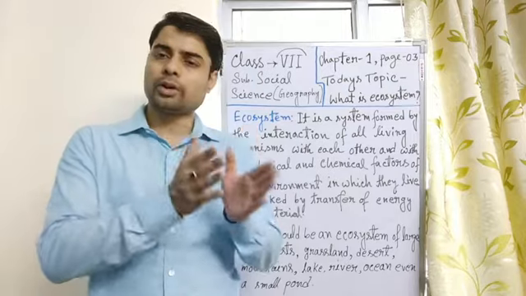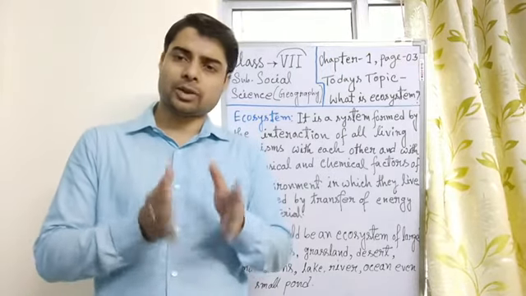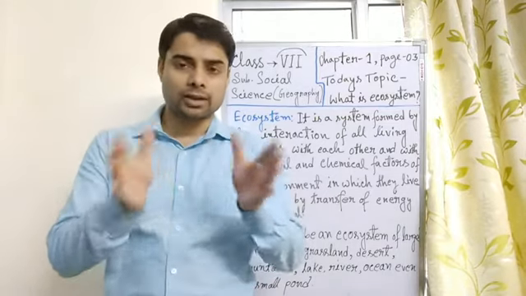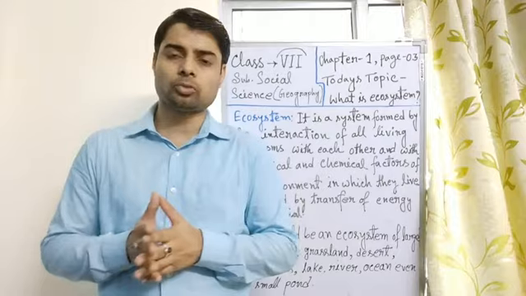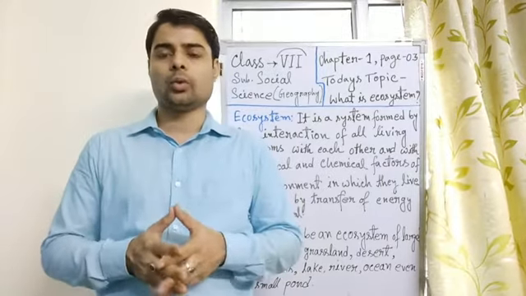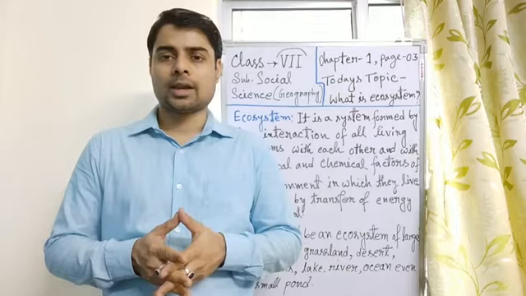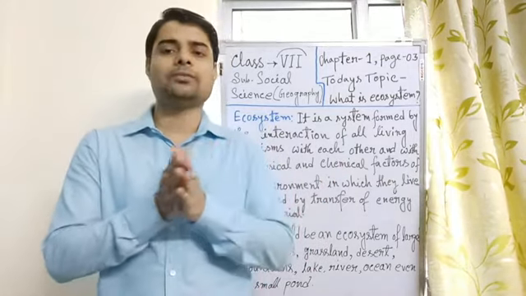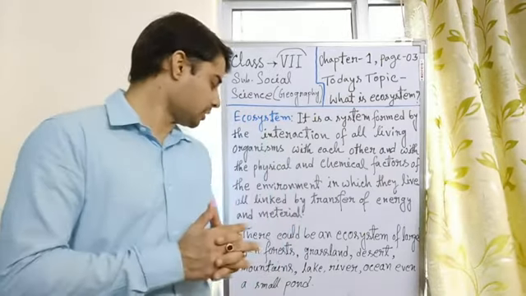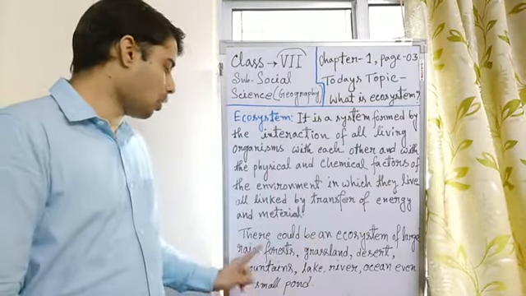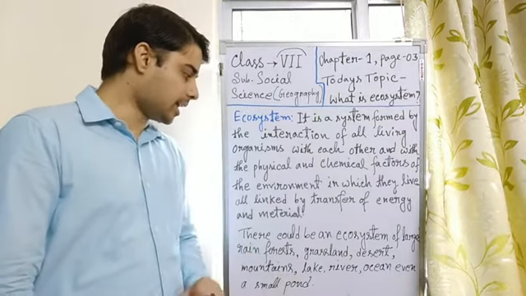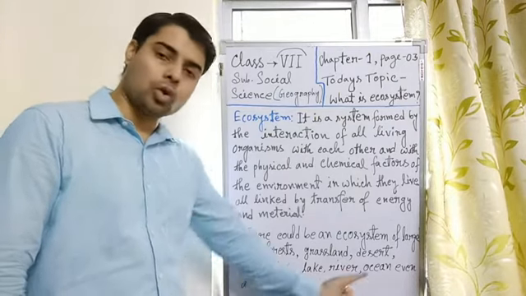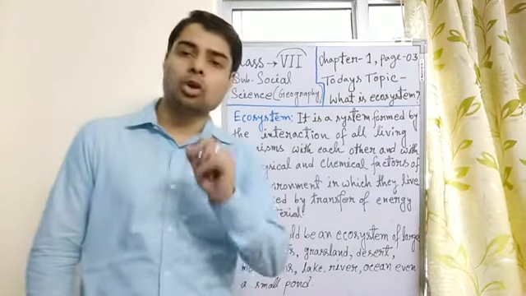And not only those living things, but also the air, the water, the places where they live, and all the components, the lithosphere, biosphere, atmosphere, are closely interlinked with those living beings. And it creates an ecosystem of a particular area. Each and every place has its own ecosystem, such as large rainforests, grasslands, deserts, mountains, lake, river, ocean, even a small pond.